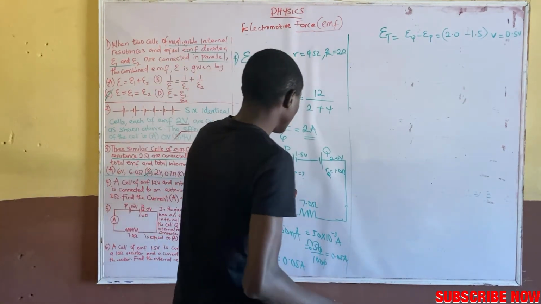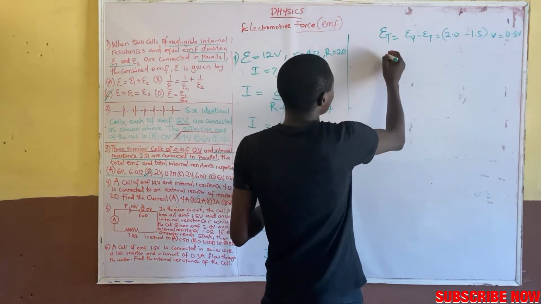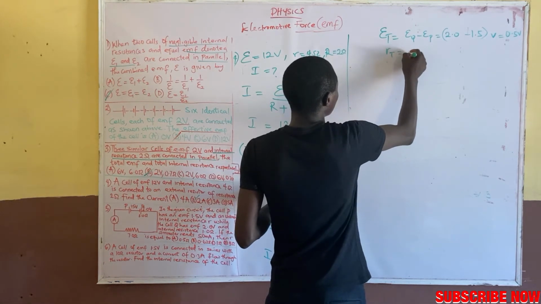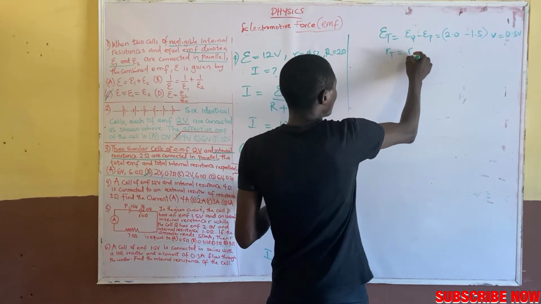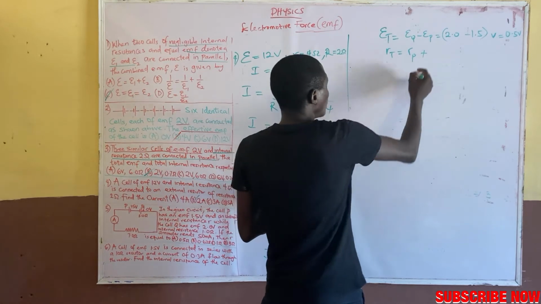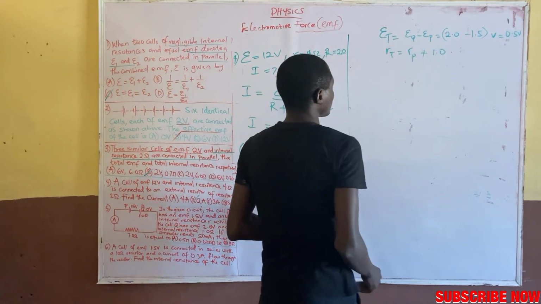Now, what about the resistance here? The total internal resistance will be given as RP plus 1.0.